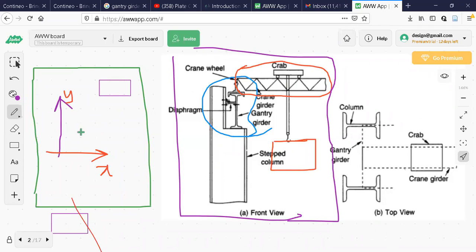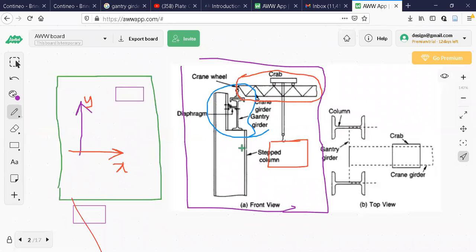Now, as I told you, using this crane girder, I am moving this box in the y direction. Using this crab and hook arrangement, I can move this weight on the crane girder in the x direction.